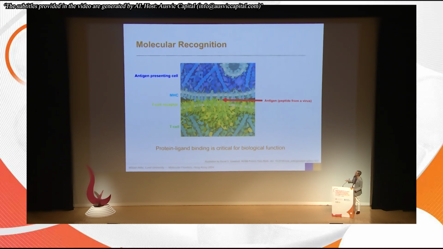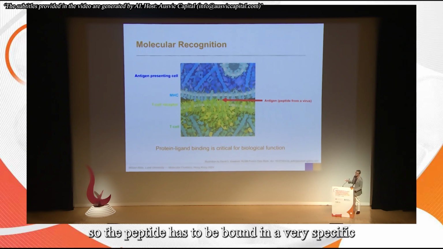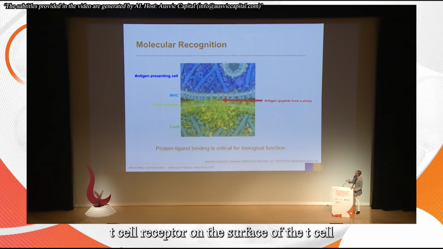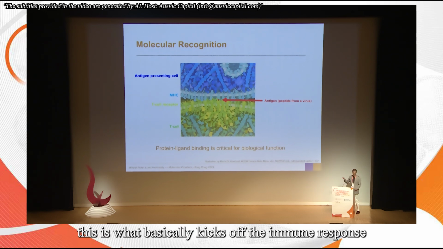The peptide has to be bound in a very specific way to the MHC protein, and then it's recognized by a T cell receptor on the surface of the T cell. So these delicate aspects of ligand binding are really totally critical for biological function. This is what basically kicks off the immune response.